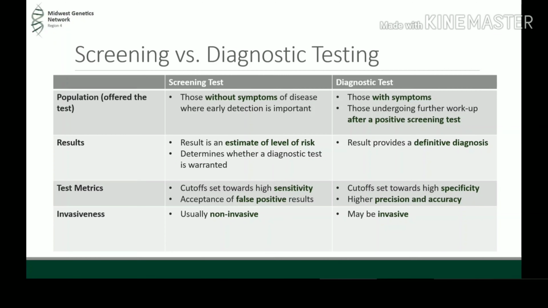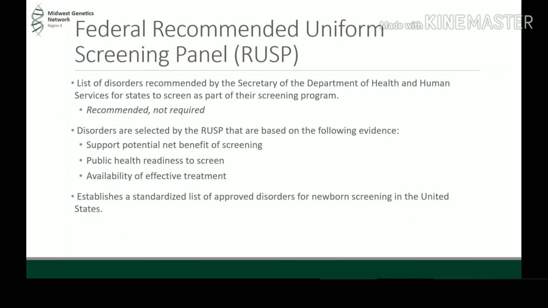All right. So I'm going to go back in history a little bit and talk about PKU. After newborn screening for PKU became established in the early 1960s, newborn screening programs continued a slow but constant expansion of their screening panels by adding conditions such as congenital hypothyroidism, galactosemia, and sickle cell disease.